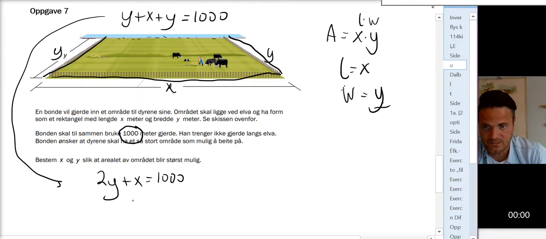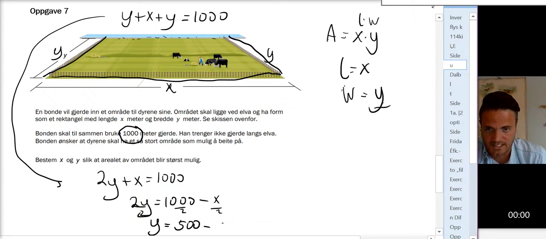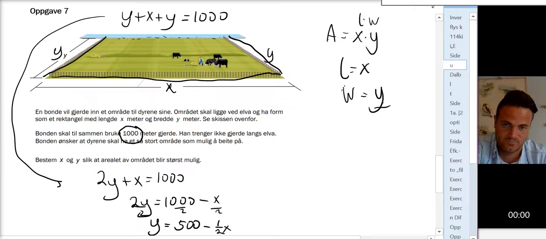And then I isolate y here, move x over, change sign, and then I divide by 2, so I get y is equal to 500. I have to divide each term by 2, so I get y is equal to 500 minus 1/2 times x, right? So y here, because the length is 1,000, has to be 500 minus 1/2 times x.